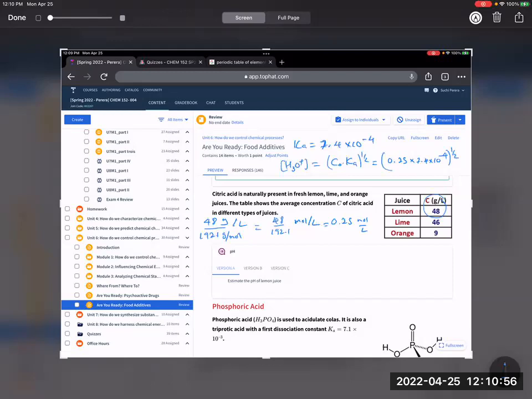If we do that, multiply by 7.4 times 10 to the power of minus 4, and then we need the square root of the entire thing. Let's see.